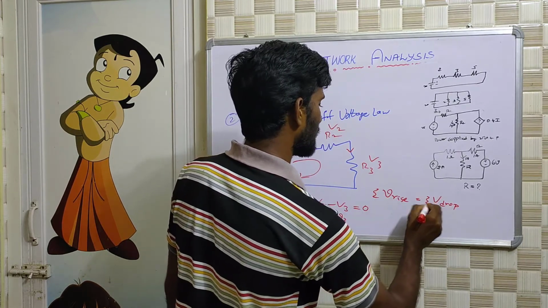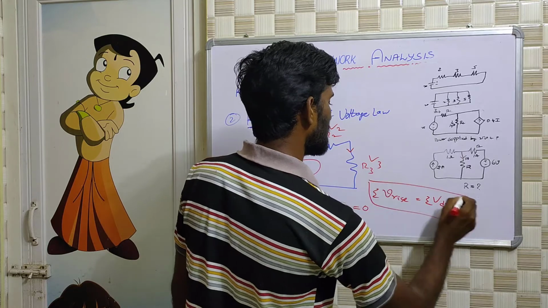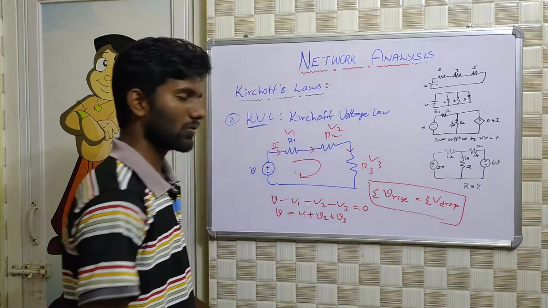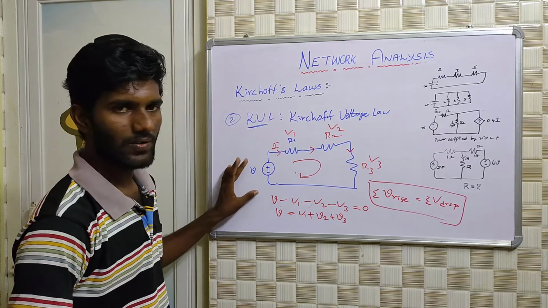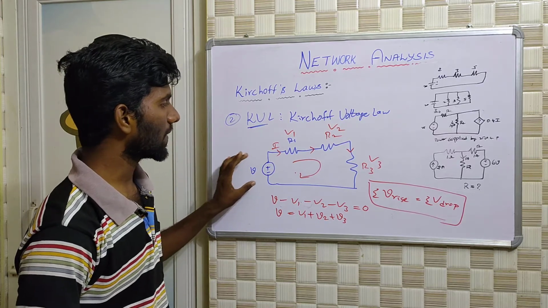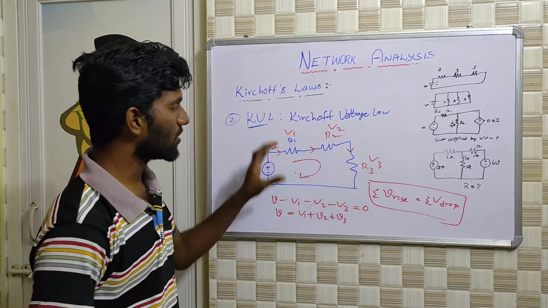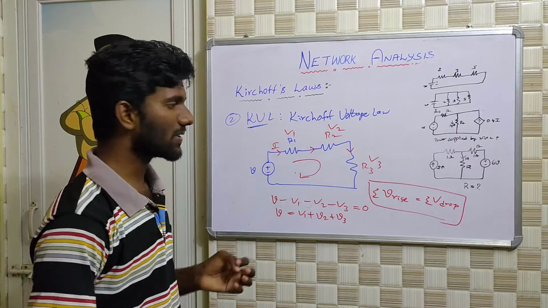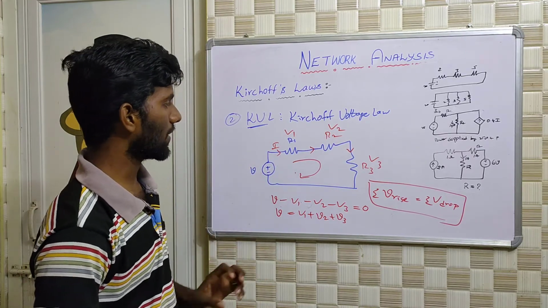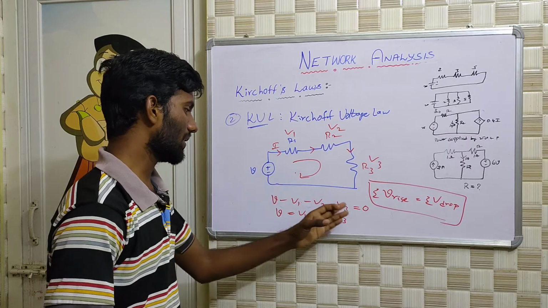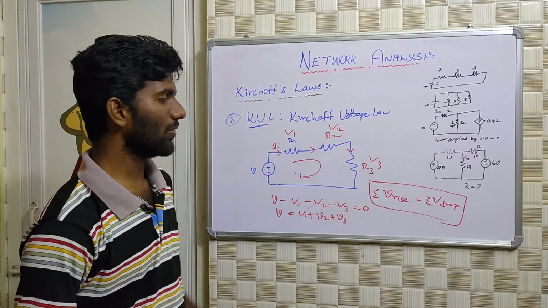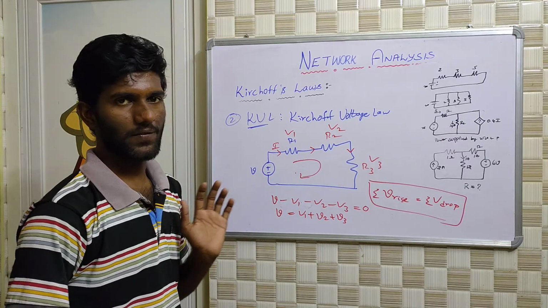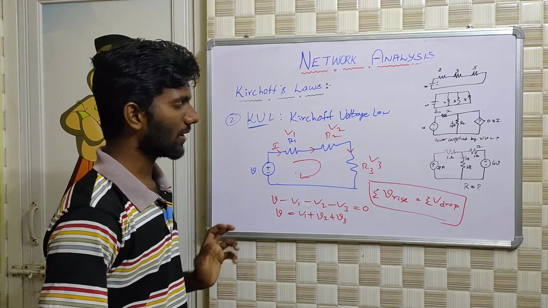The summation of V rise is equal to the summation of V drop. The total EMF, which is called V rise, is equal to all voltage drops across the closed circuit. This is KVL: the sum of all the voltages across any closed path is equal to 0. That is KVL, Kirchhoff voltage law.